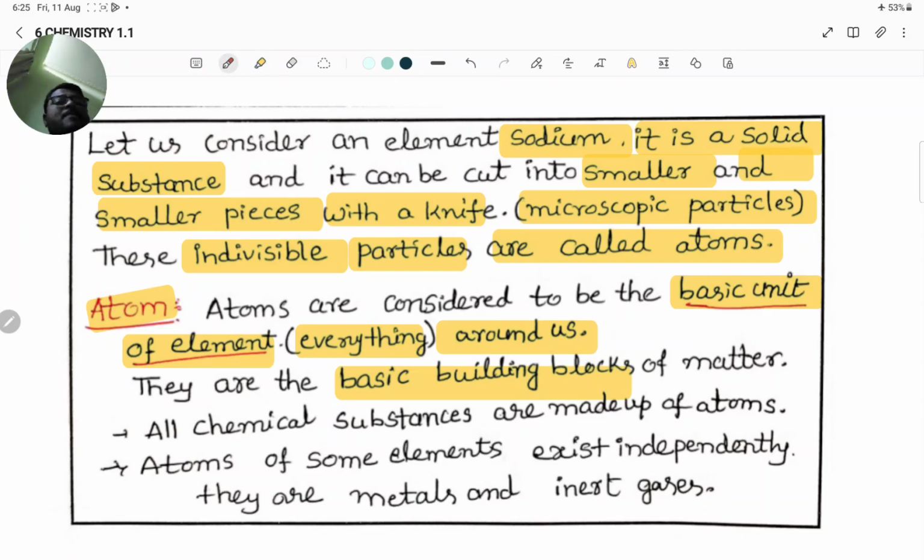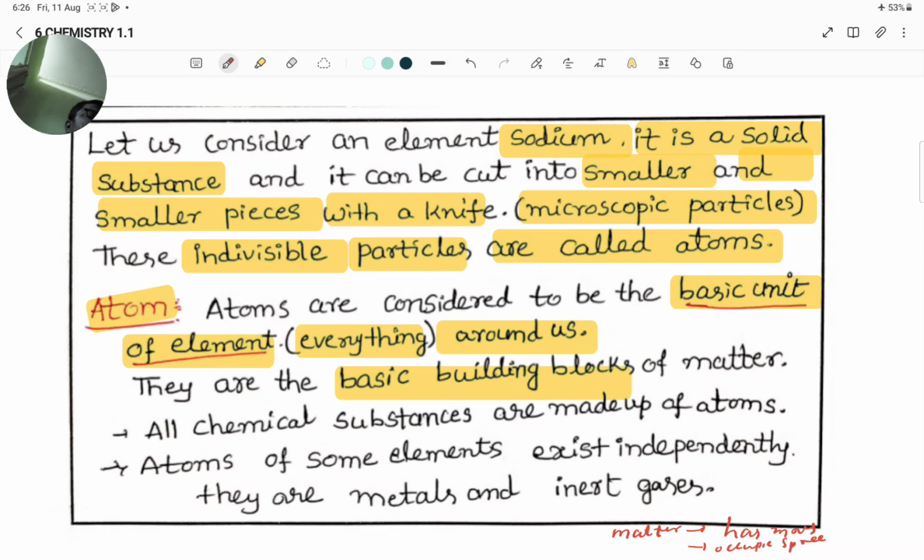What is meant by matter? The things which have mass and occupy space are called matter. Two conditions are there: first, having mass; second, occupying space.